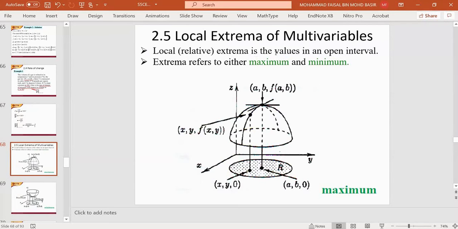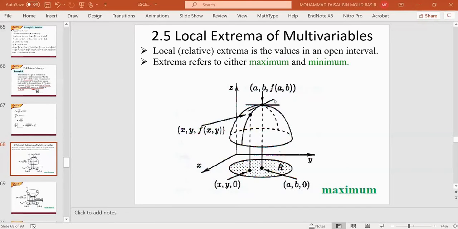Okay, today we will learn about local extrema of multivariables. Local relative extrema are values in an open interval. Extrema refers to either maximum or minimum.